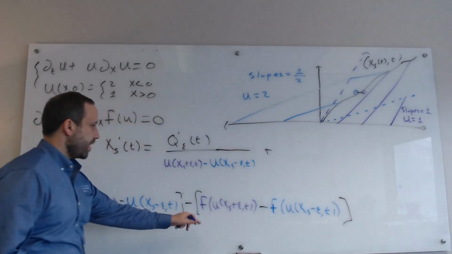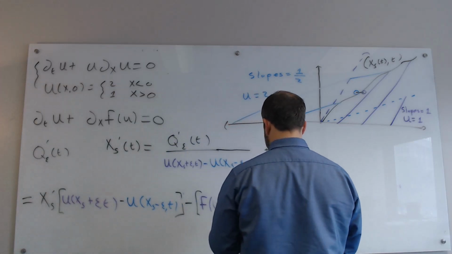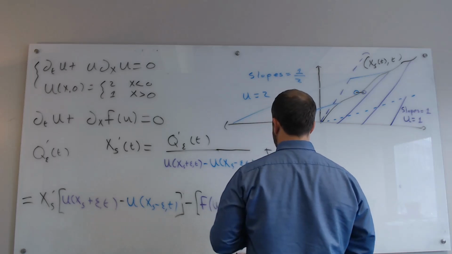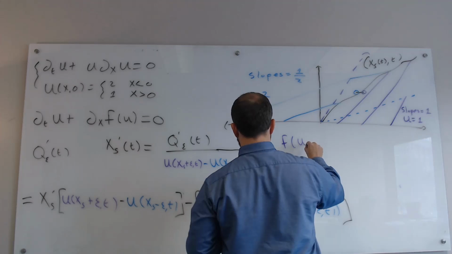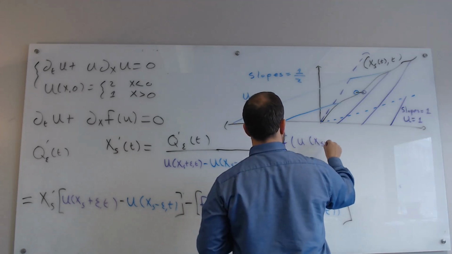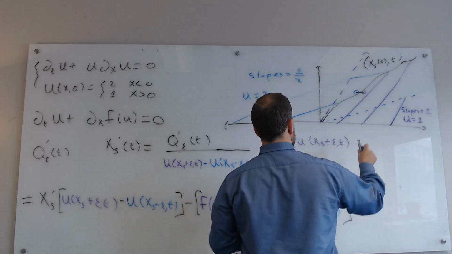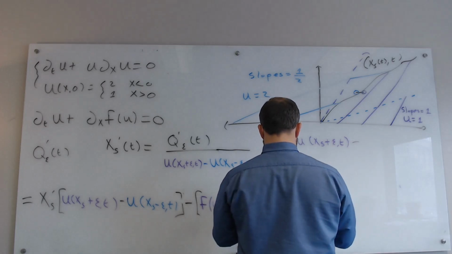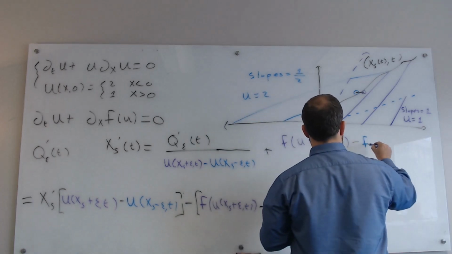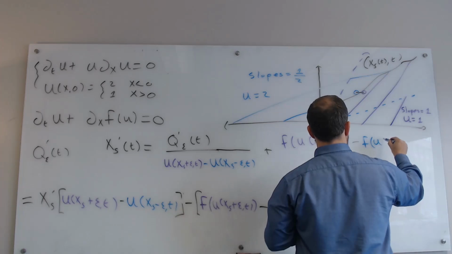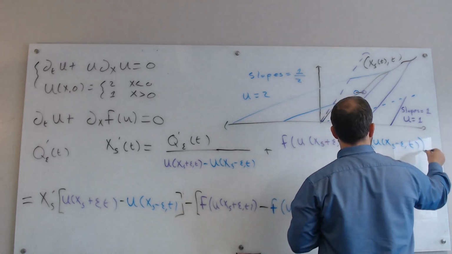And then plus, if I add that to both sides, we're going to get f of u of xs plus epsilon comma t minus f of u of xs minus epsilon comma t.